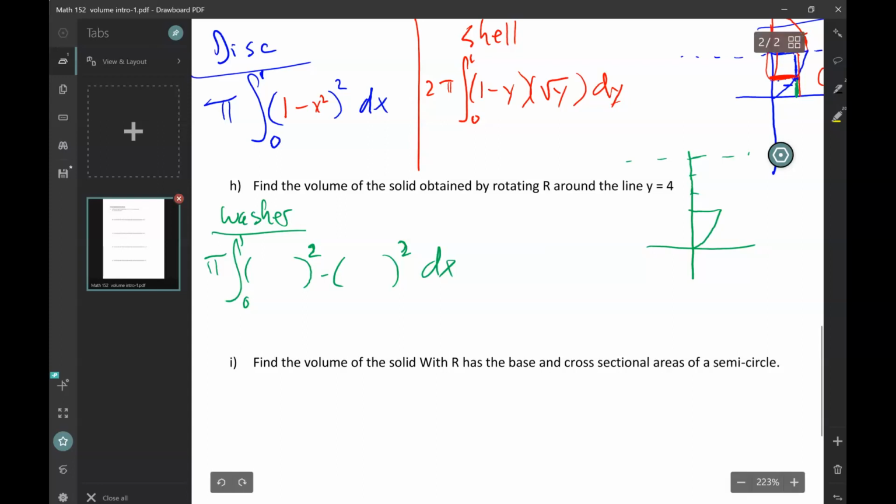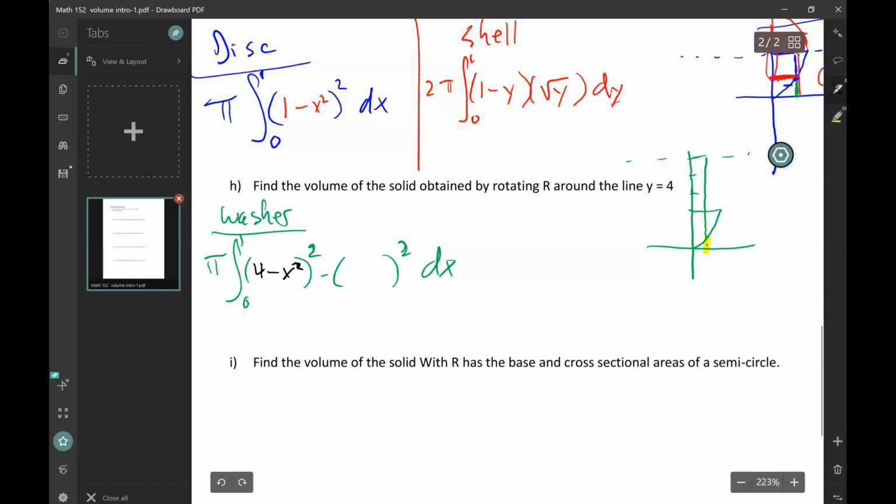My big R is going to be from the outside edge up to that line of rotation. And notice that once again, if we do a little highlighting here, that part is my y coordinate. So the big R is going to be, in this case, 4 minus that little bit right there, which would be the y coordinate, which would be x squared.